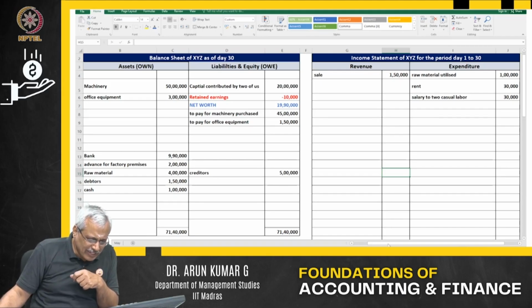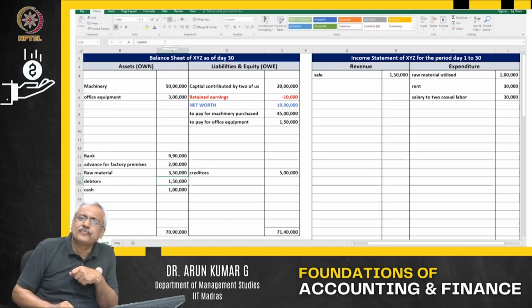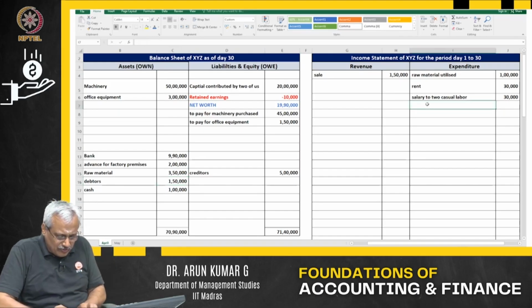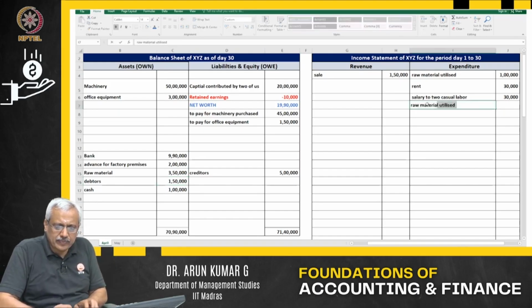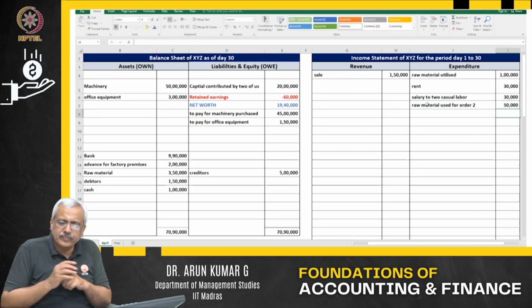The moment I use 50,000 worth of raw material, what happens to my asset? My asset is going down. So what happened? I have utilized raw material for the second order. Order 2, how much? 50,000.